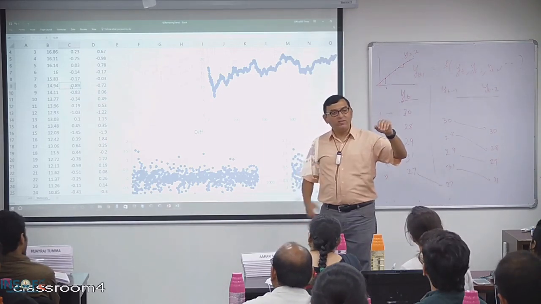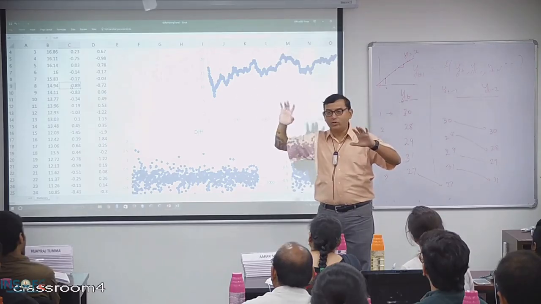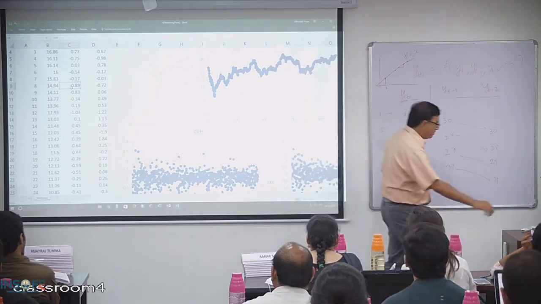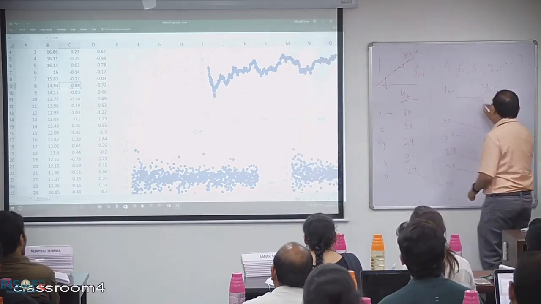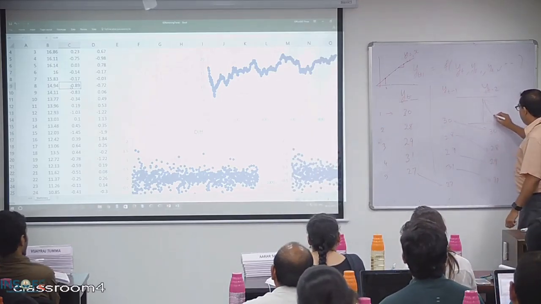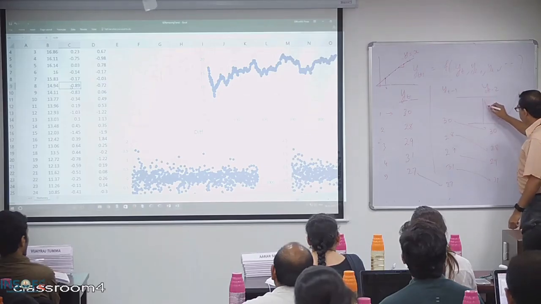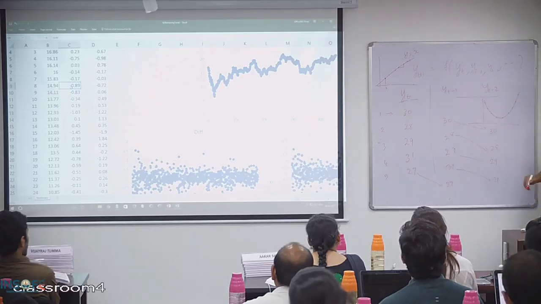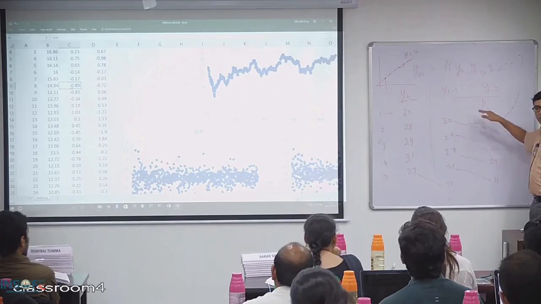How do you take the derivative of a curve on a computer? I have data points. I'm giving you a parabolic curve. How do you take the derivative of this curve? Slope between immediate points, right? That's the way you take a derivative.